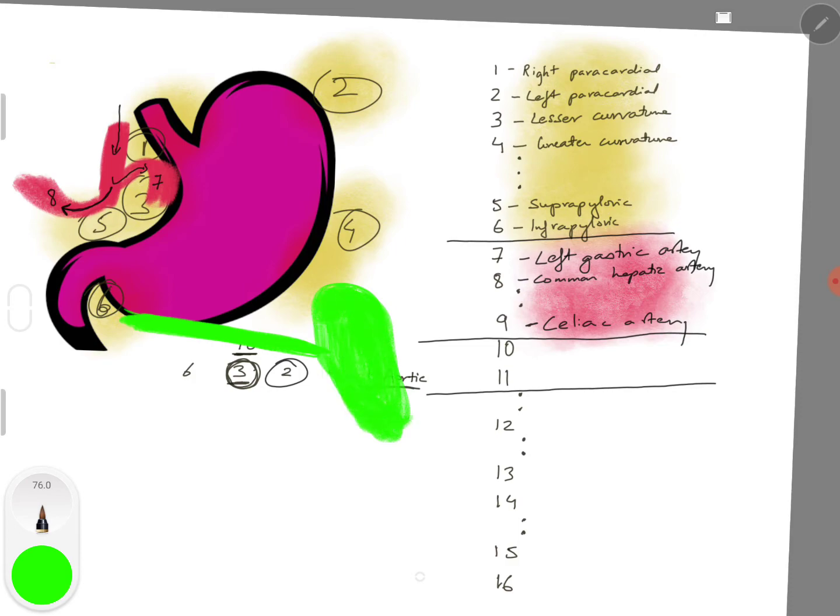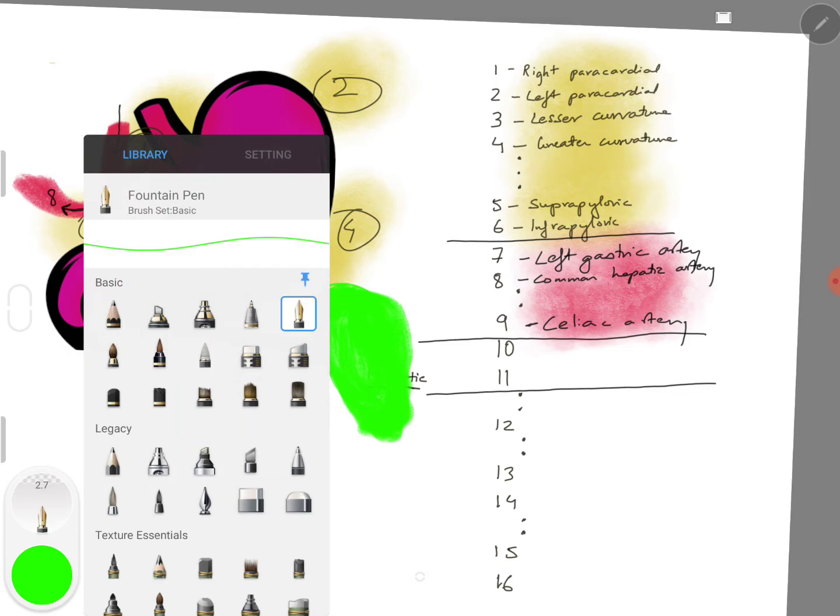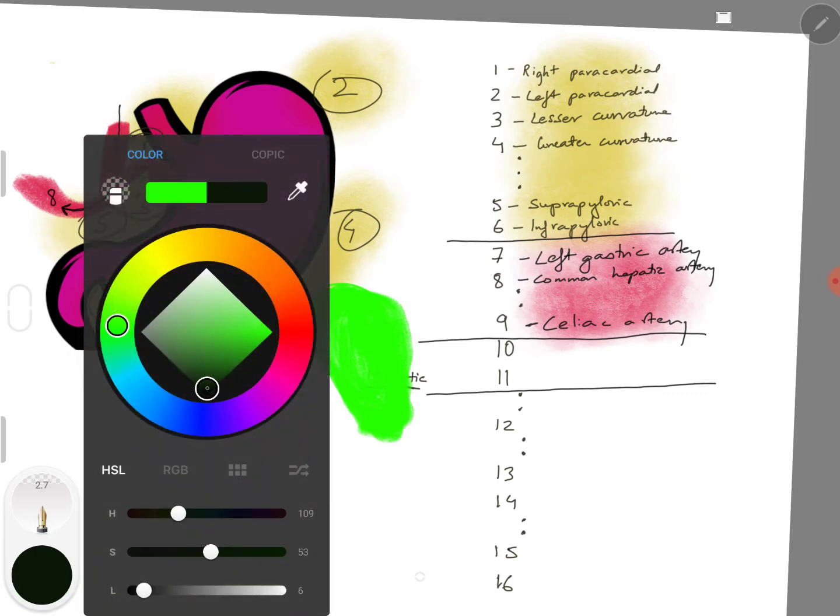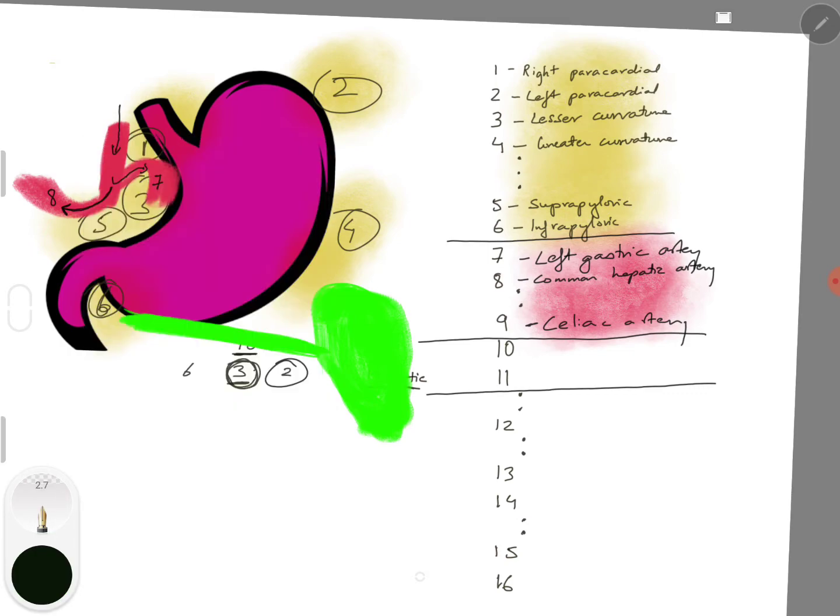So among these two structures, the artery and the spleen, splenic hilum to be precise, which one is linear and which one is oval? So the artery is linear, and if we turn it around by 90 degrees, it looks like an 11.